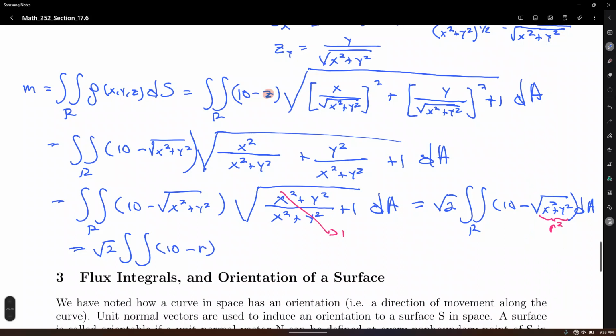What is dA in the world of polar? R dr d theta. Now help me with the limits. 1 to 4. 0 and 2 pi. Come on.